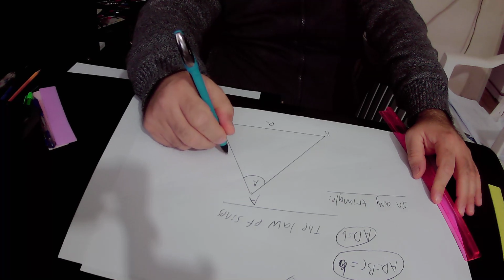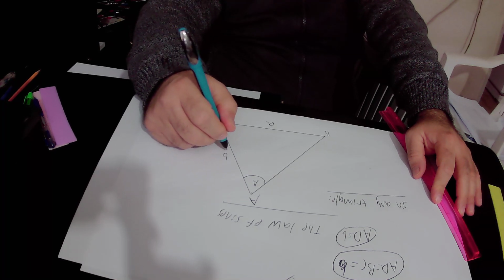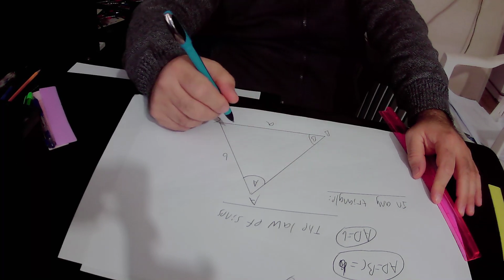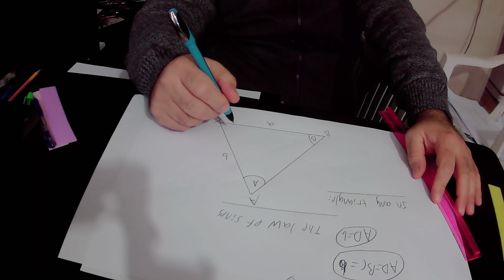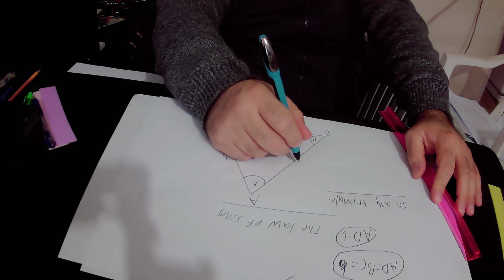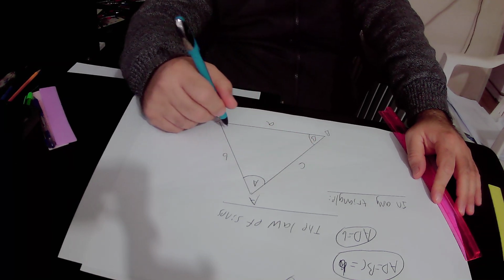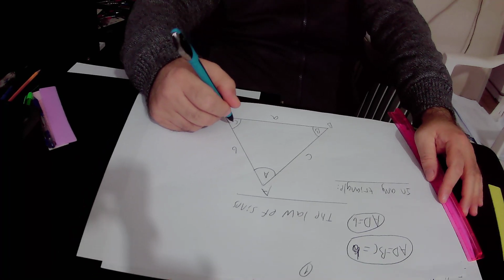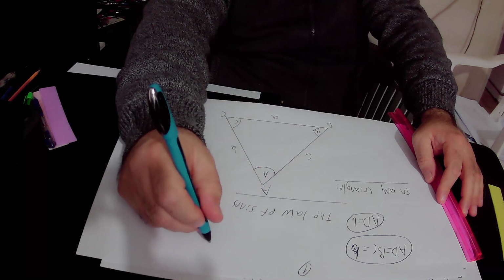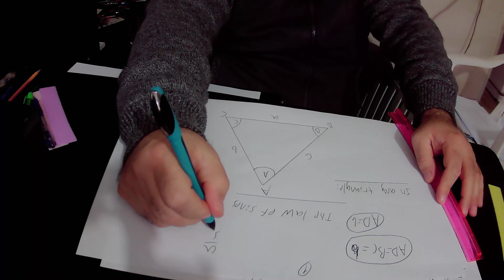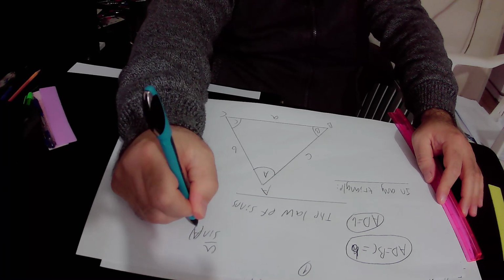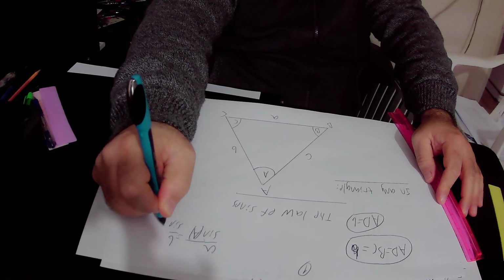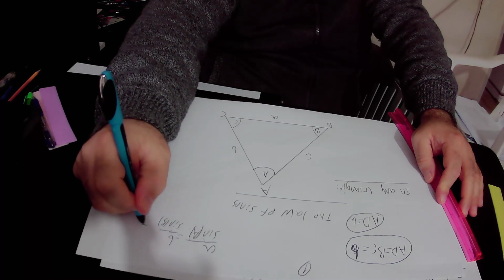Side AC equals B units in its length, and this angle equals B degrees in its size, and side AB equals C units in its length, and this angle is angle C. Then, according to the law of sines, A over sine A equals B over sine B equals C over sine C.